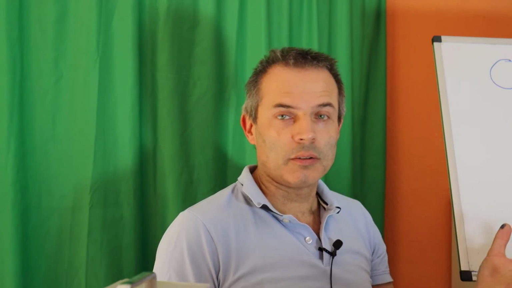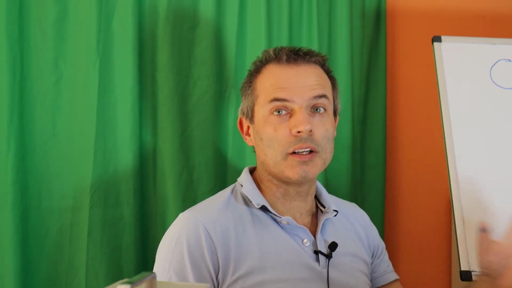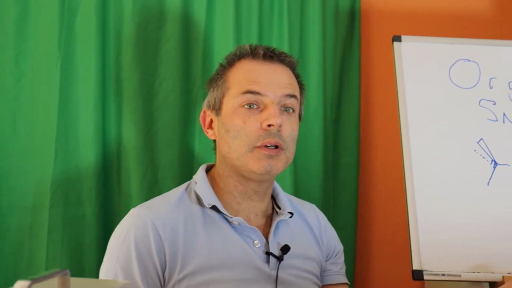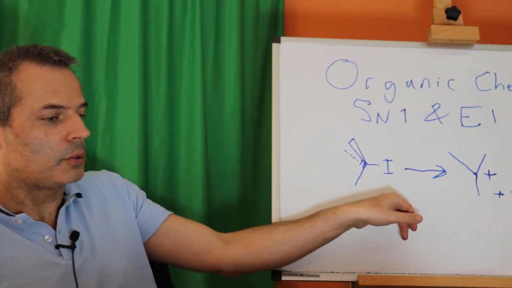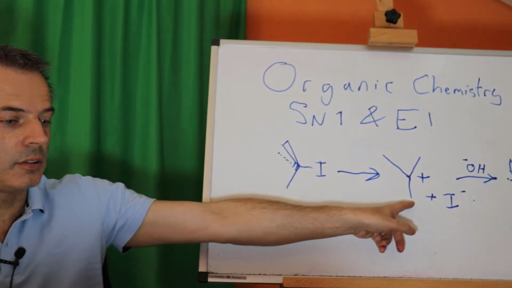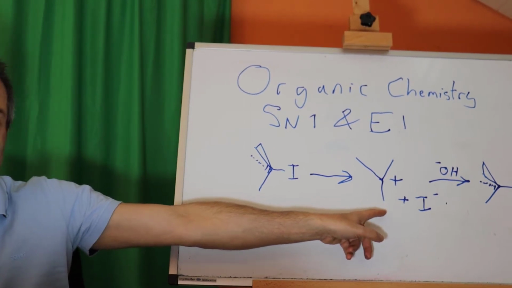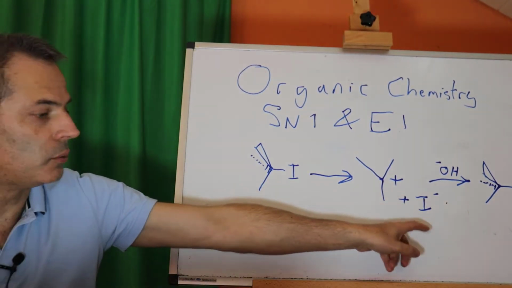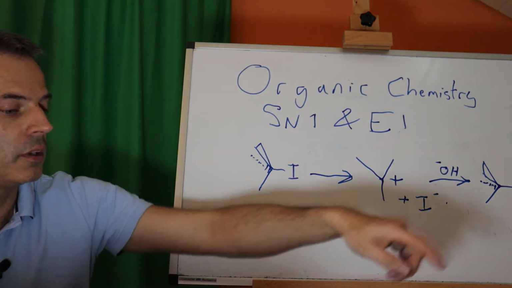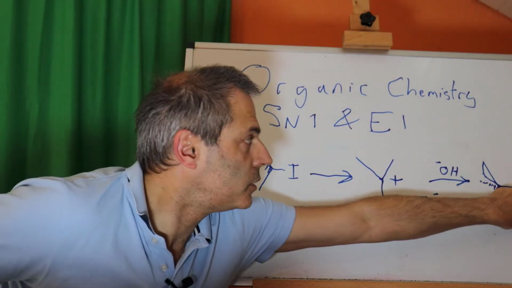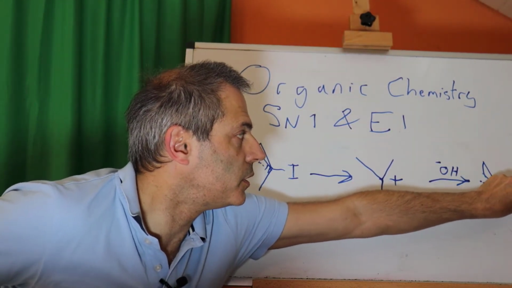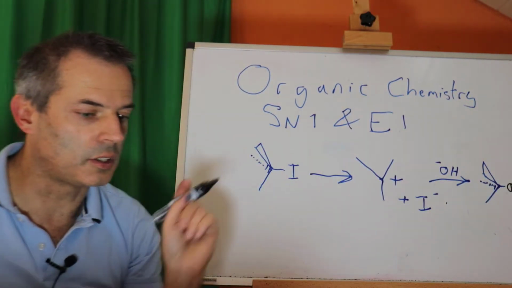So if we can break that down into two steps where the iodide comes off first and then the OH goes back on again, we can see the following reaction scheme, and we can consider this tertiary butyl iodide turning into this carbocation, this positive species, and then it turns into this.